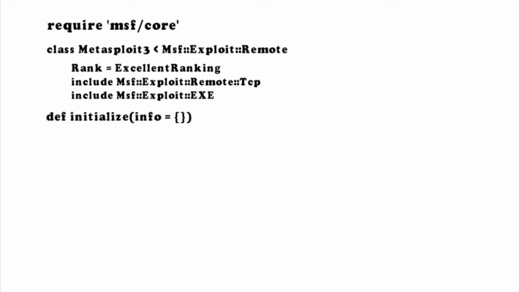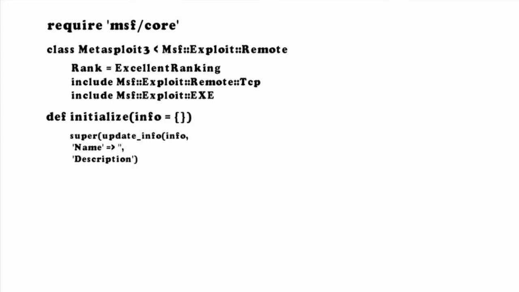Type def initialize(info = {}). Type super(update_info(info, 'Name' => '', leave it blank. Type 'Description'.